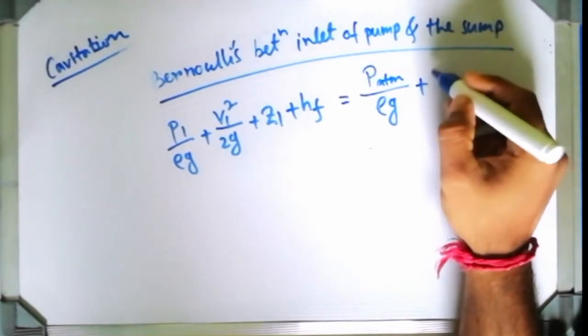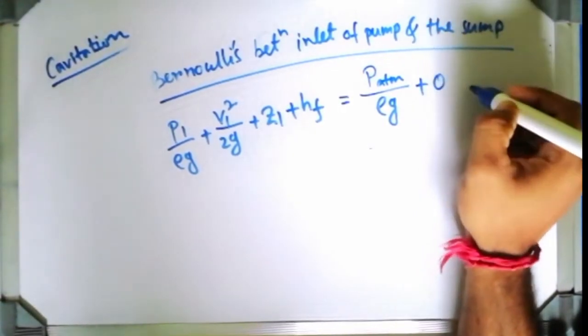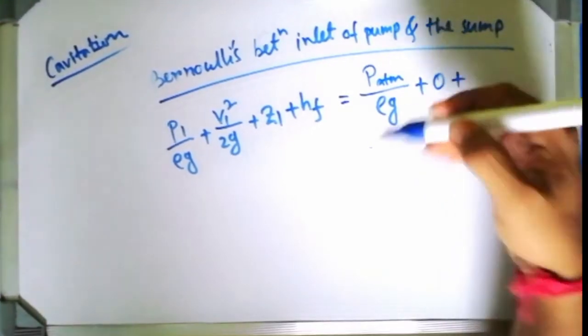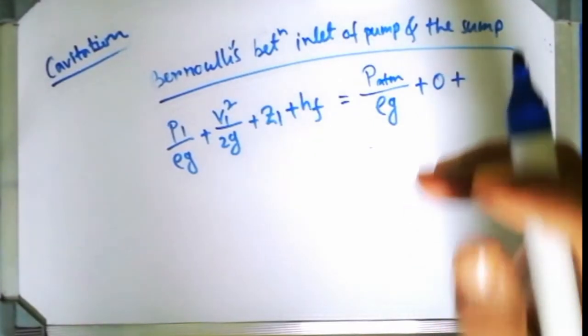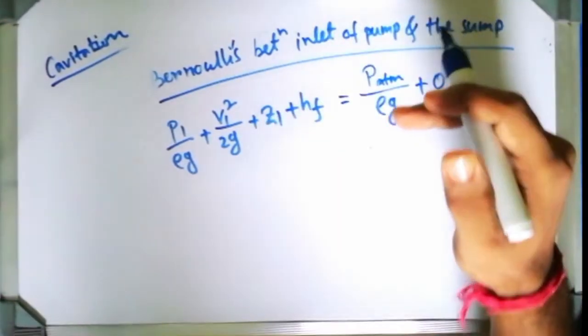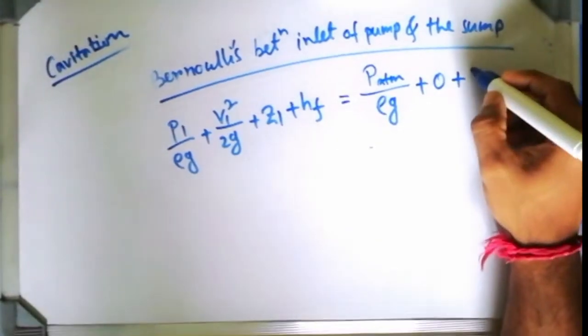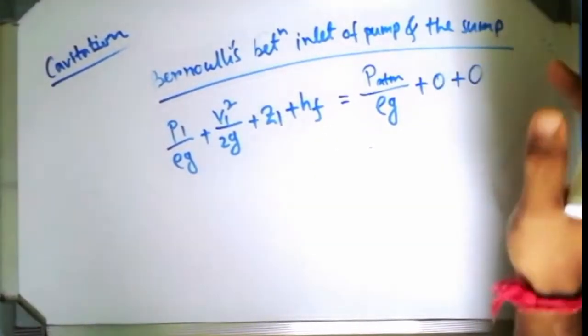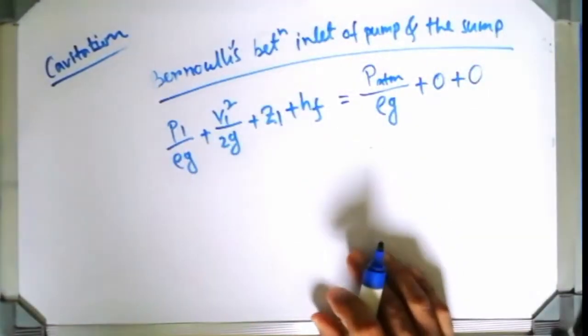Obviously in the sump there is no velocity, the liquid is almost static, so the velocity is 0. I am considering the datum or reference surface aligned with the sump surface, so there is no elevation.